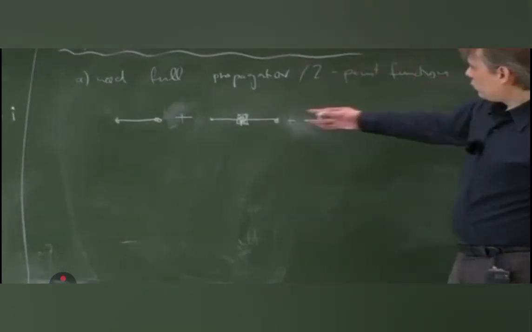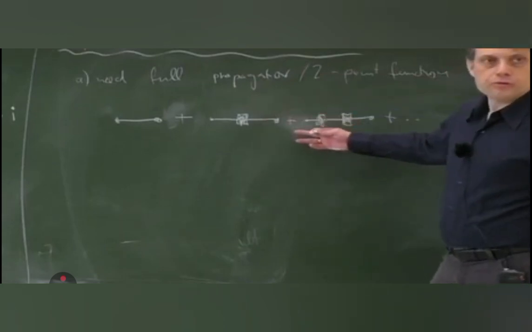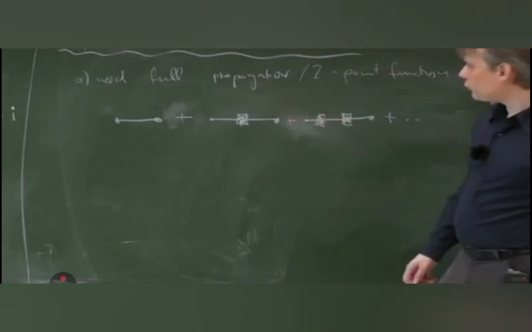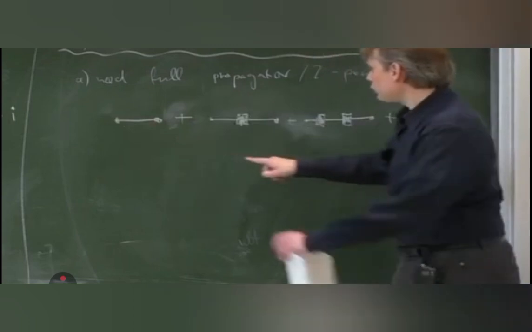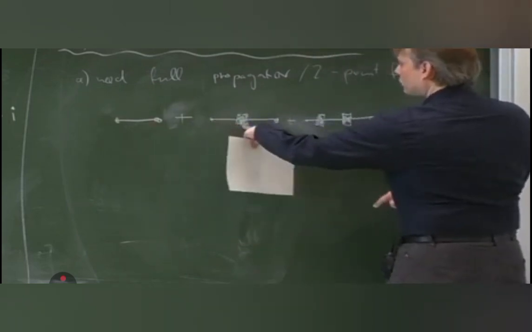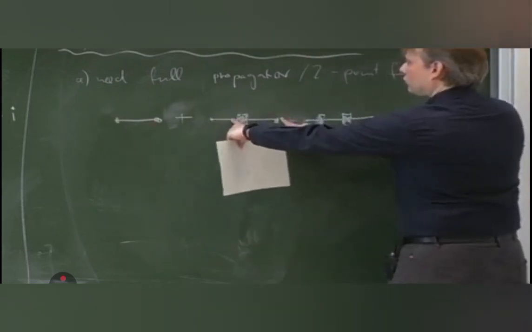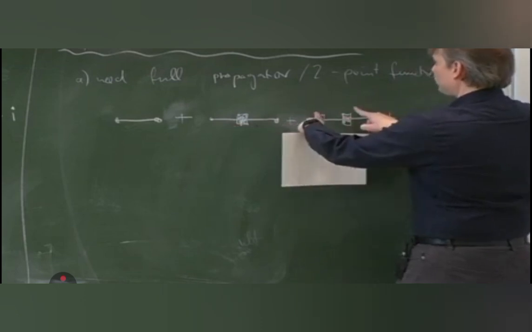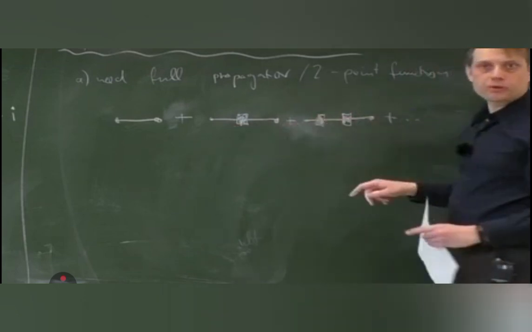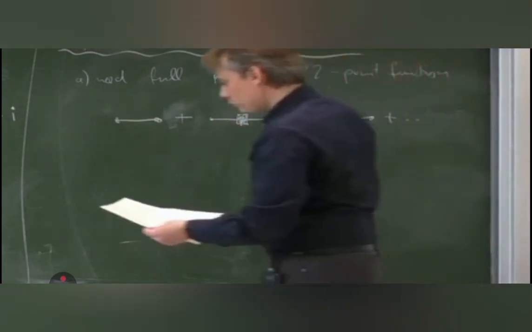And the character of the diagrams is such that this is a geometric series. So here we have one propagator, and here we always have the same propagator and then multiply it with this block, then with a block squared, with a block cubed, and so on. So we literally get a geometric series.